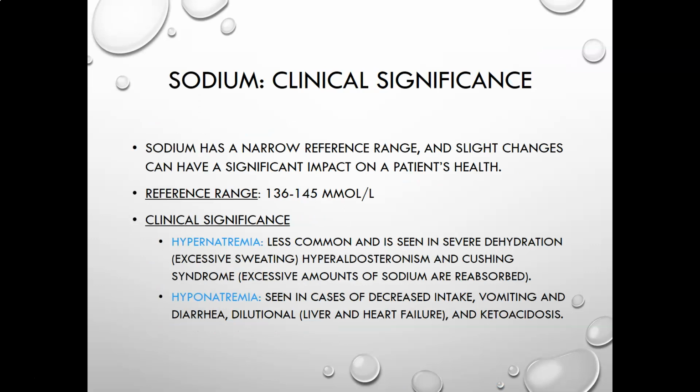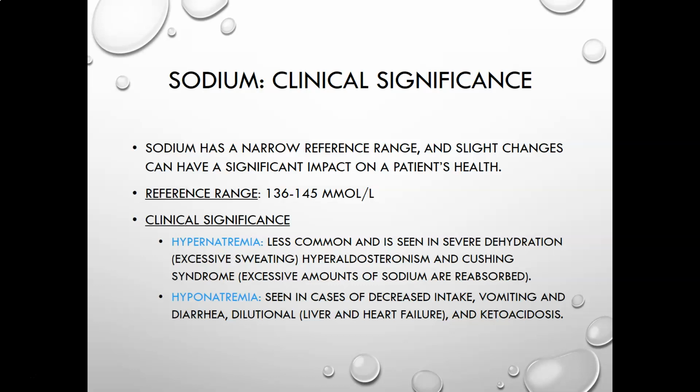It has a narrow reference range, and slight changes can have significant impact on a patient's health. The reference range for sodium is 136 to 145 millimoles per liter, or milliequivalents per liter, depending on how you measure it. In clinical significance, hypernatremia, or high sodium levels, is less common, but it's seen in severe dehydration, especially with excessive sweating where you're losing salt.